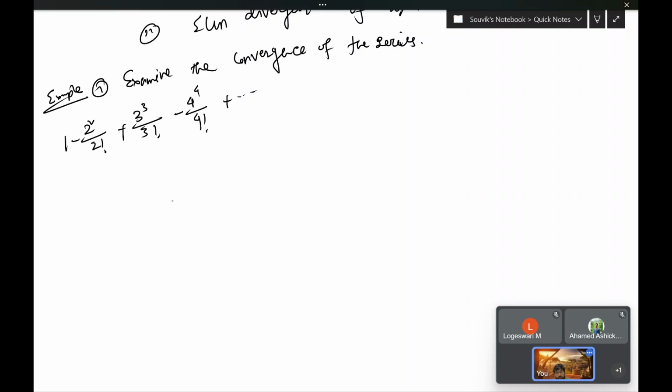Using the root test or ratio test, examine the convergence of this series. First you try, and I will wait for some minutes. Then if it is not done by you, I will tell how to solve this problem using this ratio test or root test.